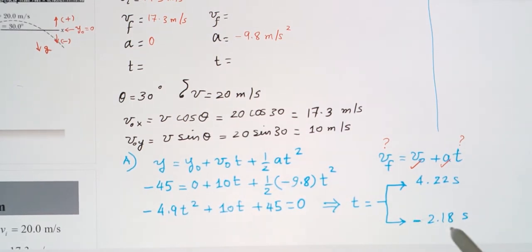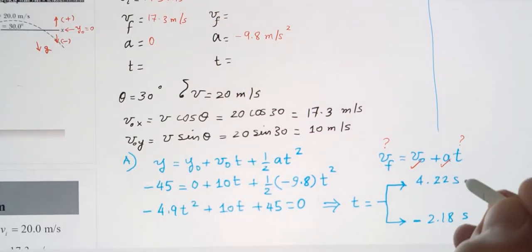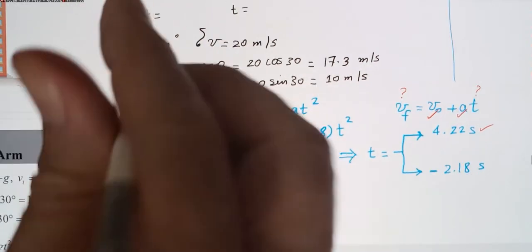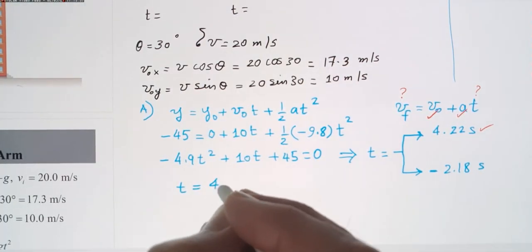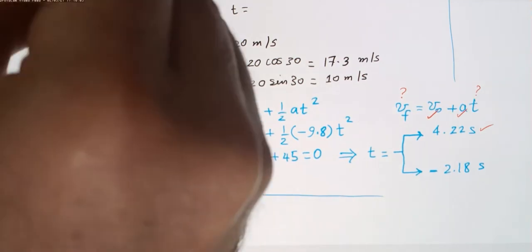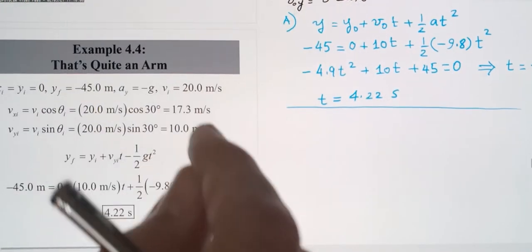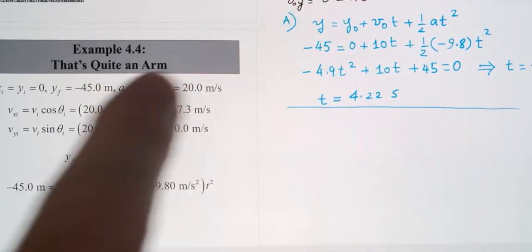This is a minus. So which one should we take, the minus or the positive? Of course the positive. So this is our answer, 4.22 second. And of course he solved the equation like we did.